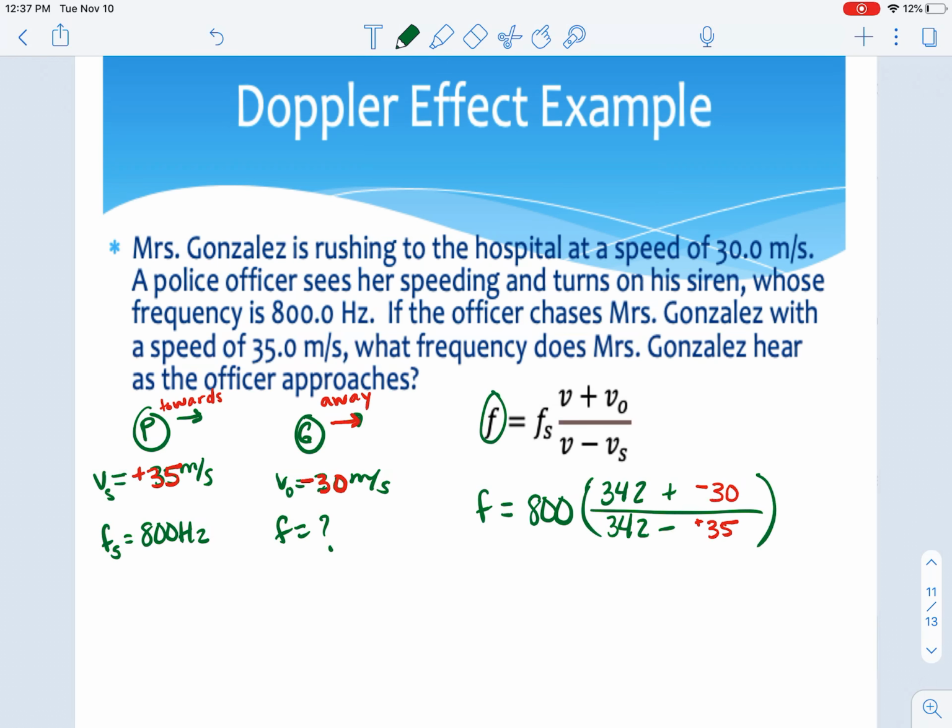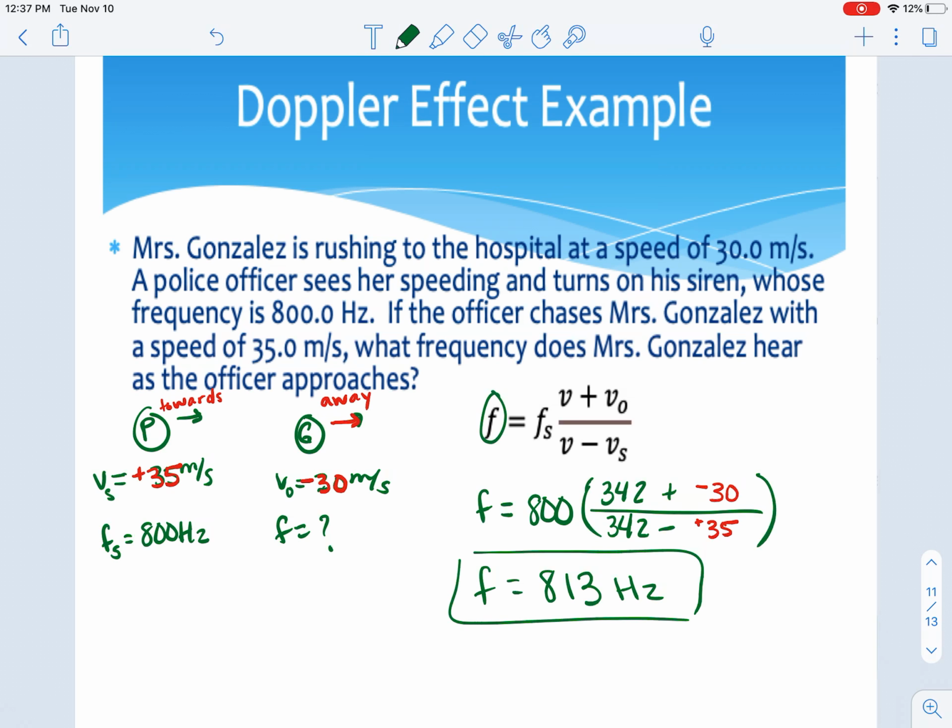So now in my calculator, I'm going to say my numerator is 342 plus a negative 30, and my denominator is 342 minus a positive 35. So when we put this in our calculator, we get something that rounds to 813 hertz.